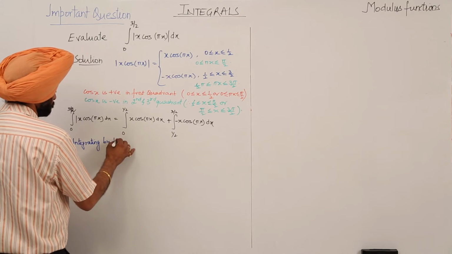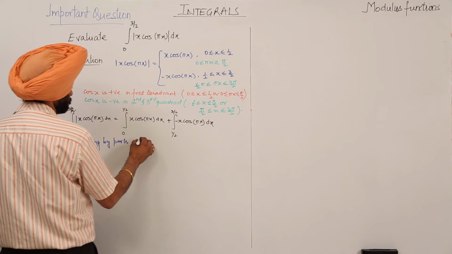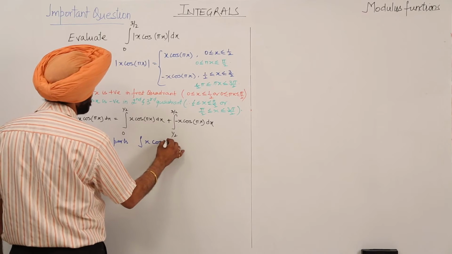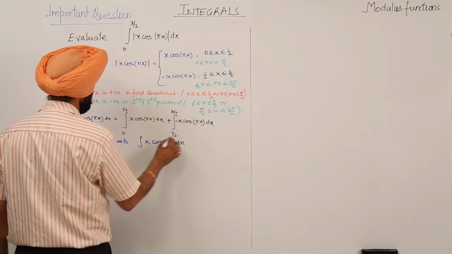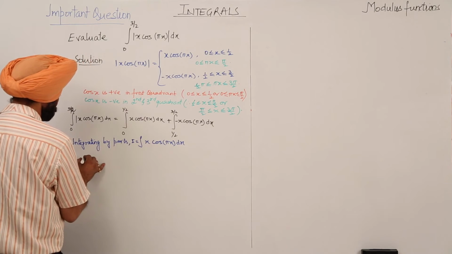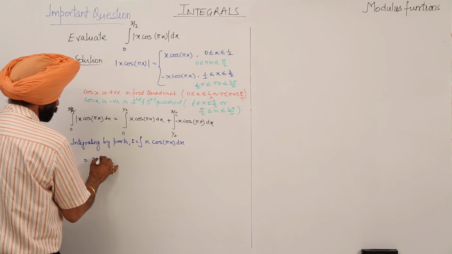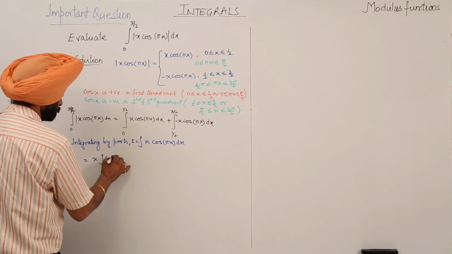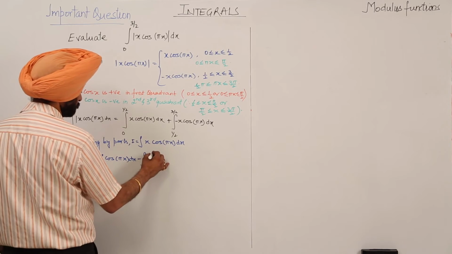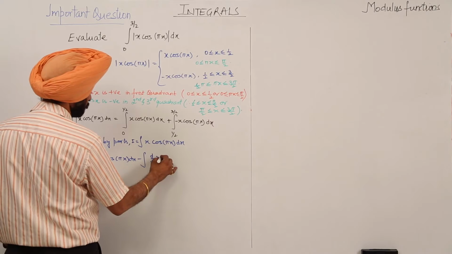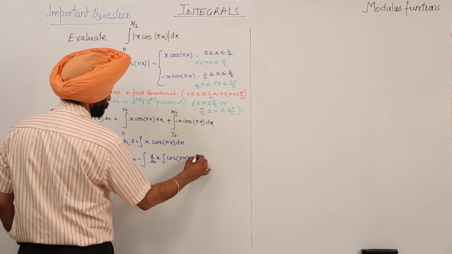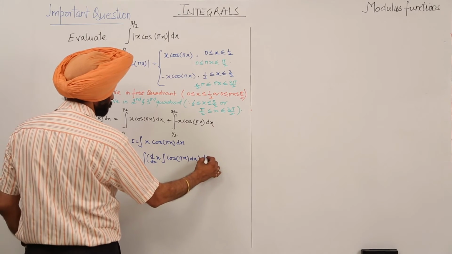Integrating by parts x cos pi x dx. Now this is equal to the first function as it is, times the integration of cos pi x dx, minus the integral of d by dx of x times the integration of cos pi x dx, with dx.